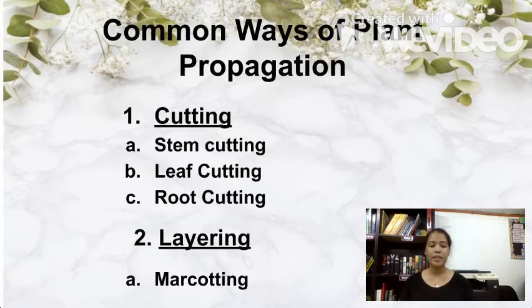It's very self-explanatory. Stem cutting is a common method of propagating ornamental plants, especially house plants. Just like what I did in the previous video, I planted ornamental plants, right? The santan. That's an example of stem cutting. Next, we have leaf cutting. Yes, do you know that we can also plant the leaf?